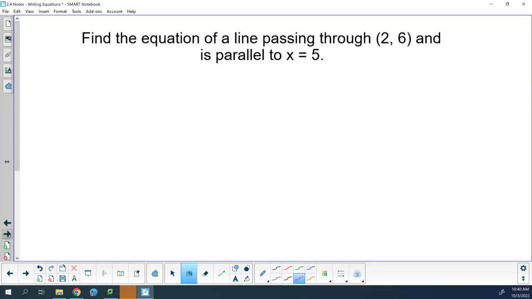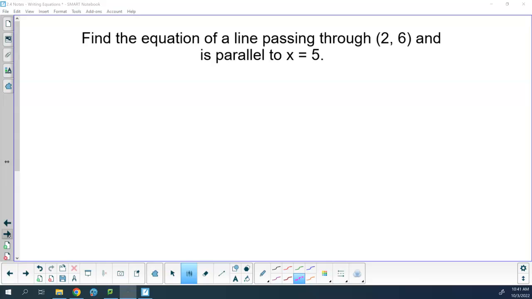What kind of a line is x equals 5? The vertical line. Okay? So what kind of lines are parallel to vertical lines? Other vertical lines, right?